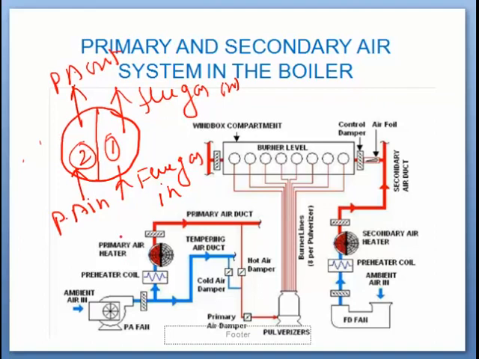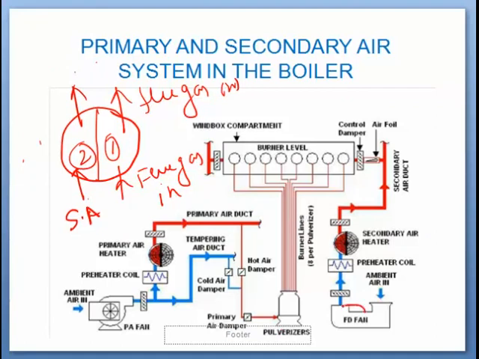Similarly, there will be a dedicated air preheater for secondary air, where the path will be the same as for flue gas, and instead of primary air, here there will be secondary air, which will be supplied by the FD fan.